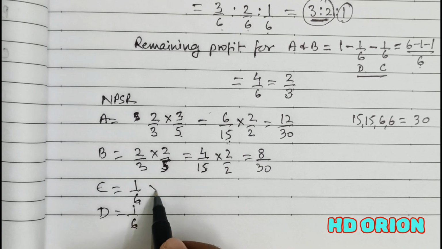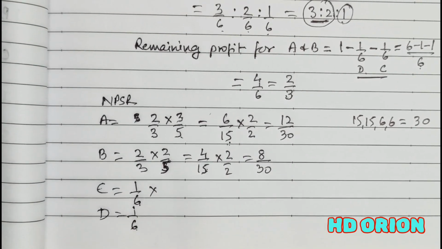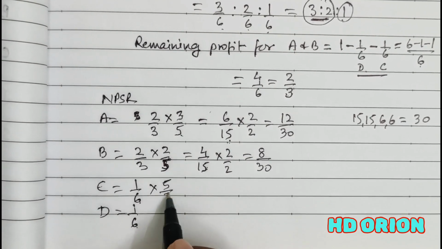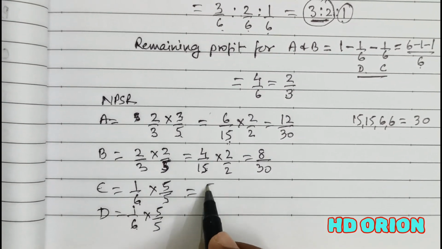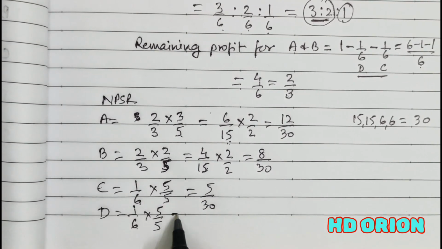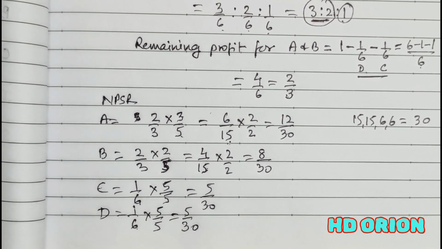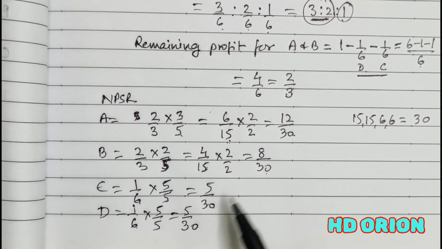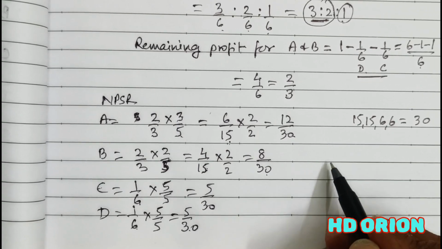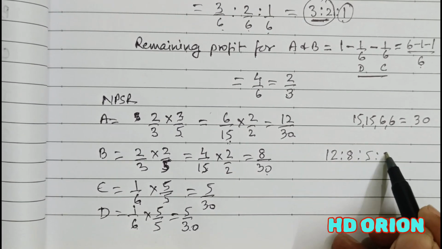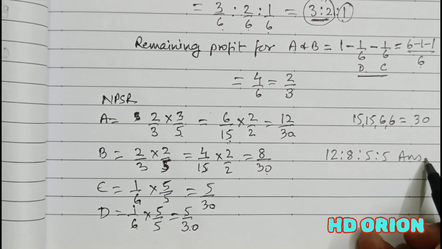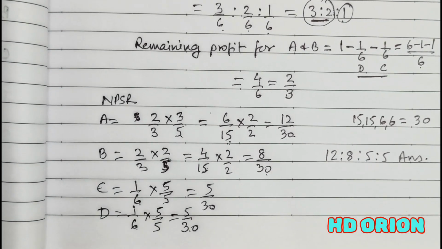And in order to convert the denominator into 30 here, we have to multiply and divide it by 5. So it will become 5 by 30. Here also it is 5 by 30. Now all the denominators are 30. Therefore, the numerators will be our new profit sharing ratio. So this is our answer.